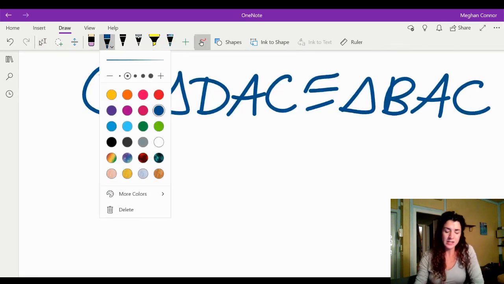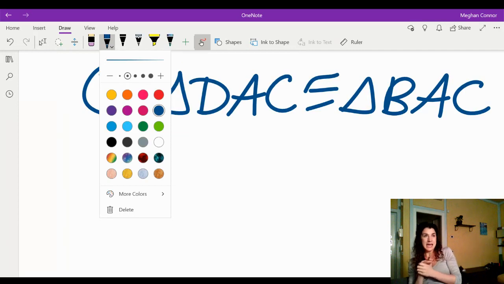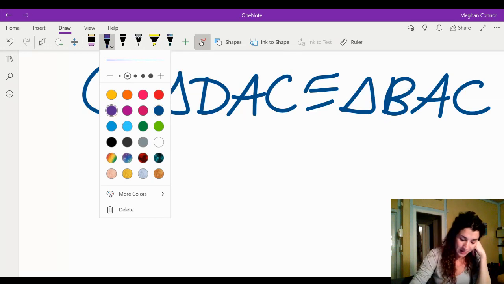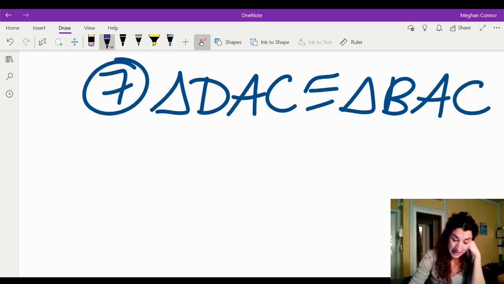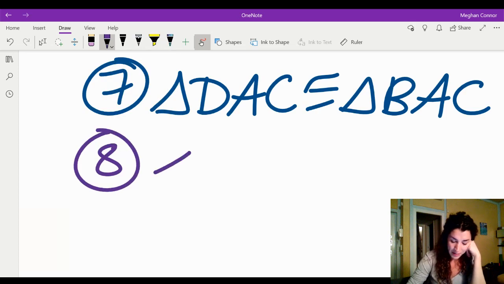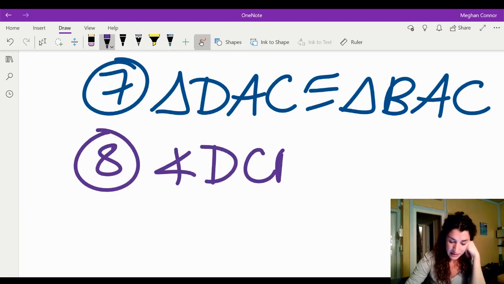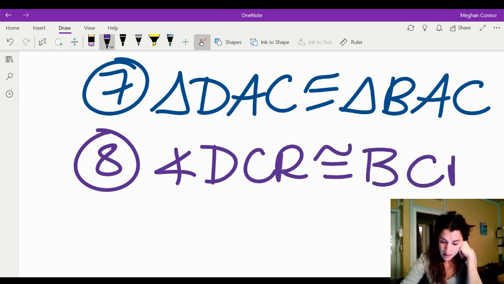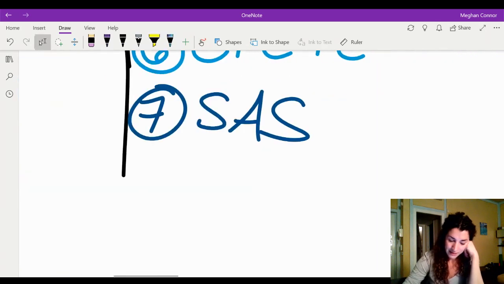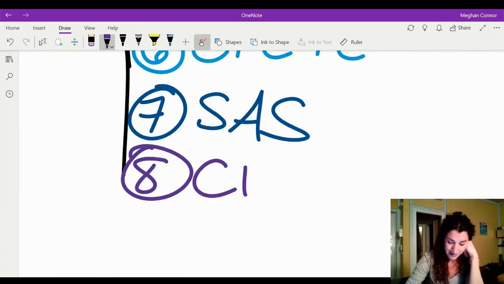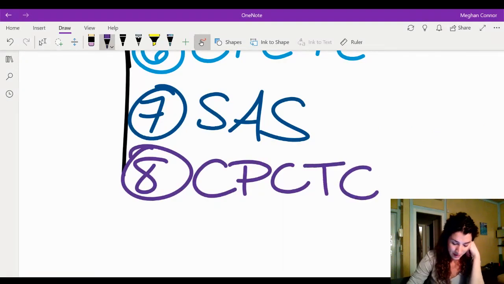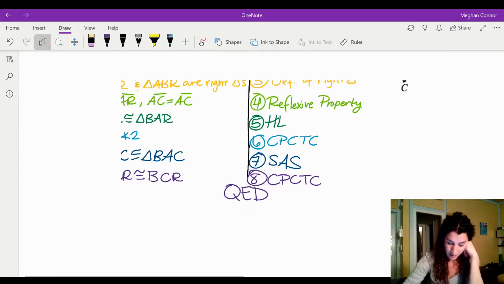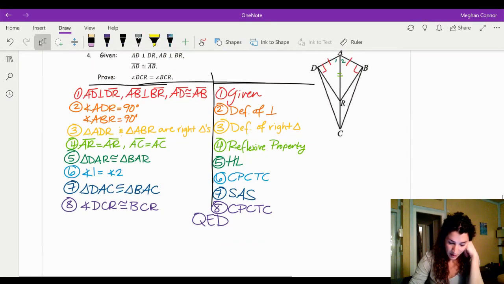Remember, instead of saying DCA, they said DCR, and that's totally fine. You don't have to specify that they're the same angle because it's just how you've labeled it. Angle DCR is congruent to angle BCR. And again, seeing the pattern. Oops, I forgot the angle symbol.